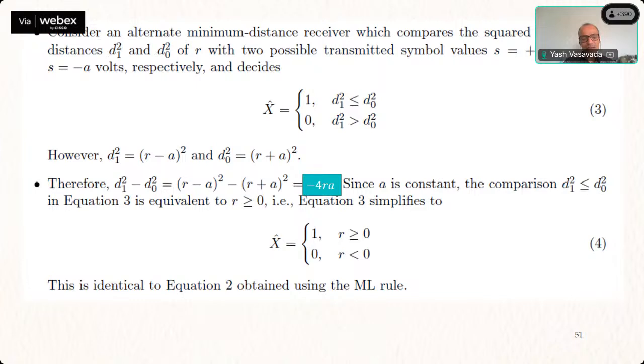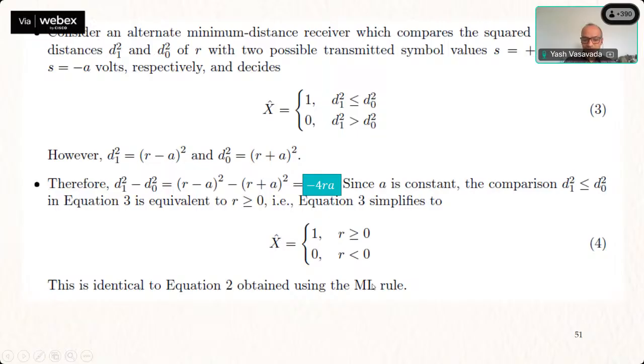The second requirement is that we assume x equal to 1 and x equal to 0 are equally likely. If they are not equally likely, then we cannot use the maximum likelihood rule.